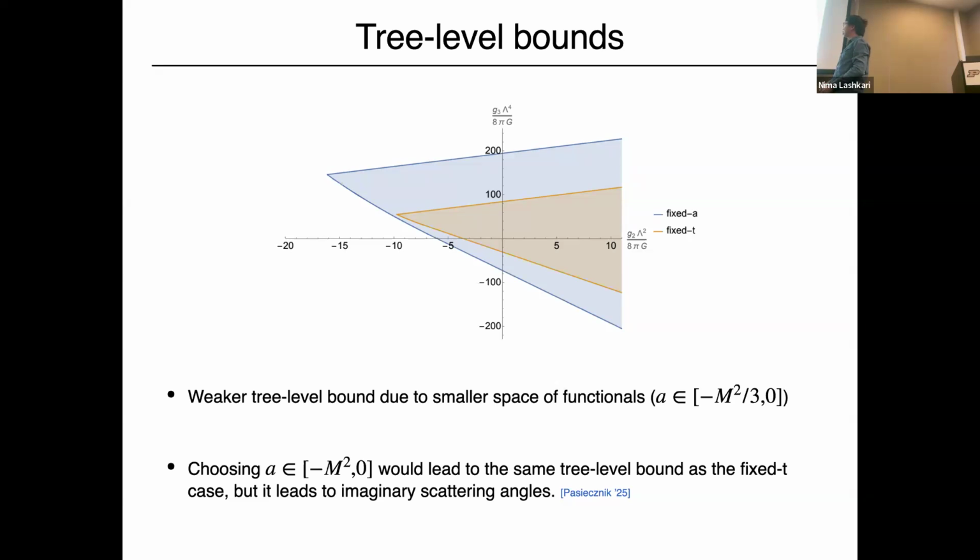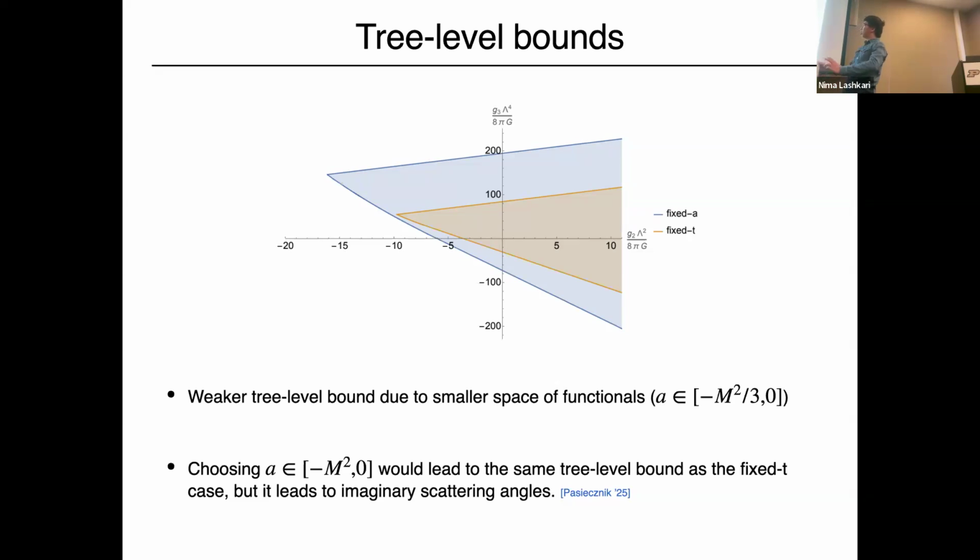One way you can think about it is that you're kind of using a smaller space of functions, because here the allowed range of A has some funny factor of 3, whereas in the fixed T case, you can just integrate up to m squared.